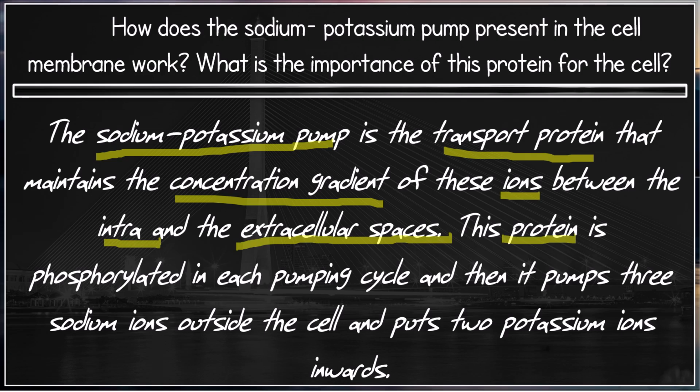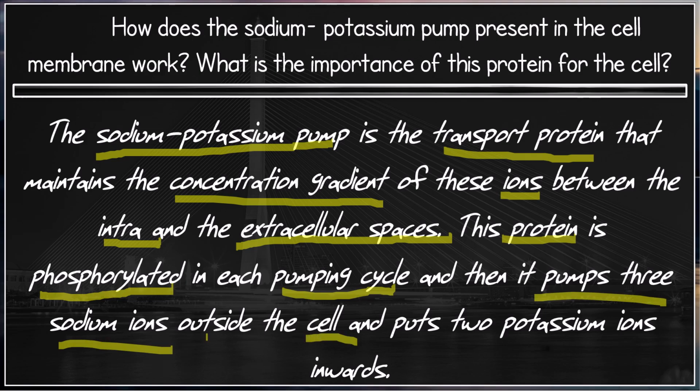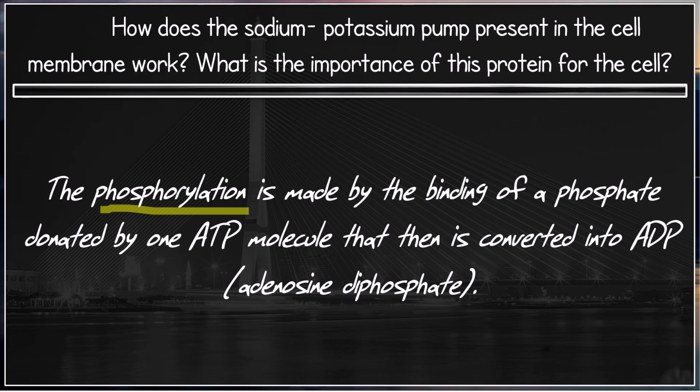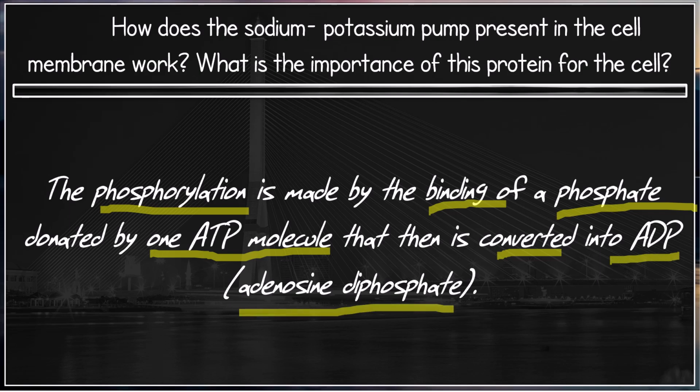This protein is phosphorylated in each pumping cycle, and then it pumps 3 sodium ions outside of the cell and 2 potassium ions inwards. The phosphorylation is made by binding a phosphate donated by one ATP molecule that then is converted into ADP, adenosine diphosphate.